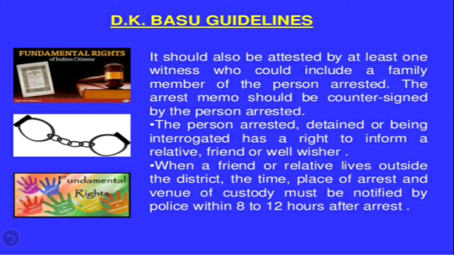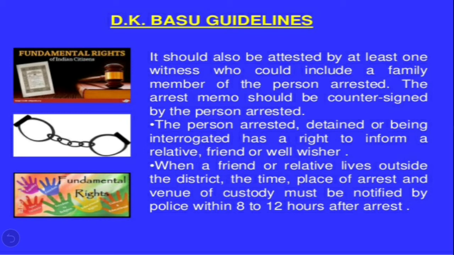It should be countersigned. Then the person arrested, detained or being interrogated has a right to inform a relative, friend or well-wisher. So the person who is arrested has the right to inform his relatives or family, friends or well-wishers, whomsoever he wants to inform.